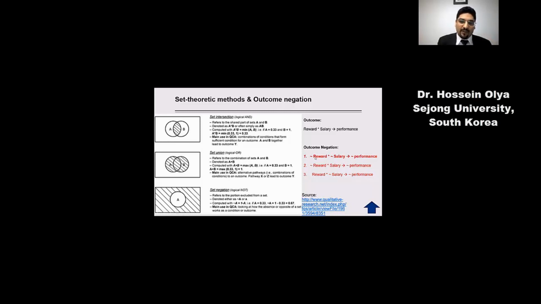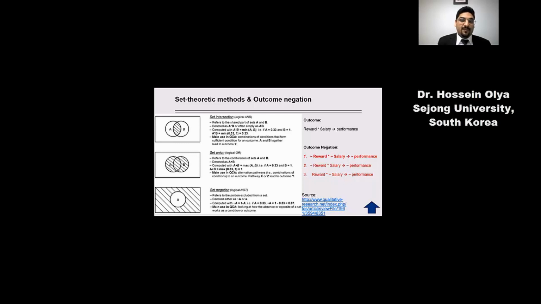Yes, a low level of reward and a low level of salary lead to a low level of performance. But in reality, we have some people who, although the salary is high, don't have a reward system, and because of this, their performance is low.